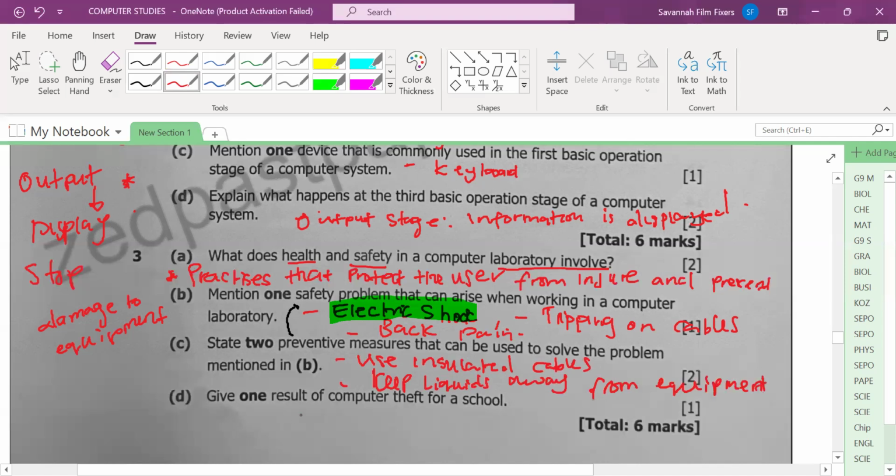Give one result of computer theft for a school. Here it's loss of important information. If a computer is stolen from a school and it has data on the number of students enrolled, you lose that information.